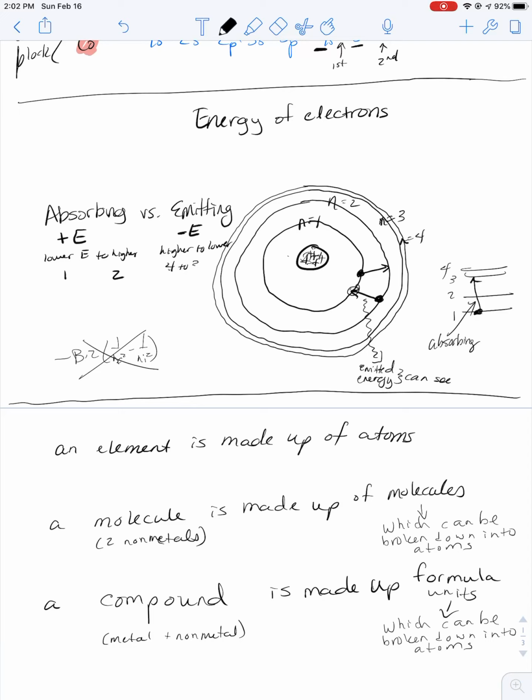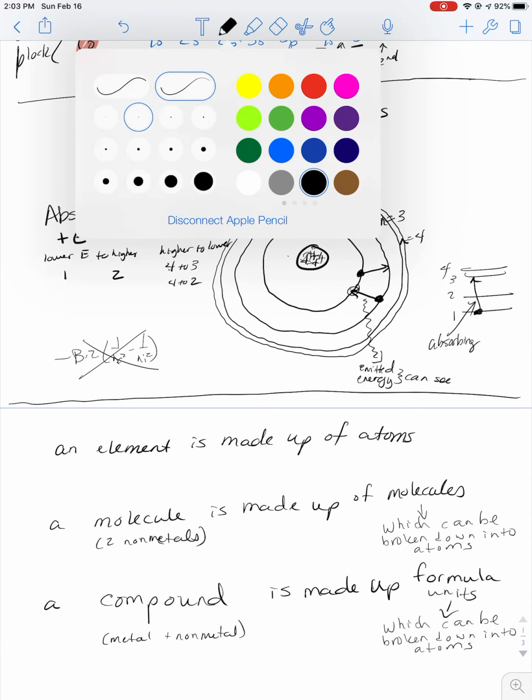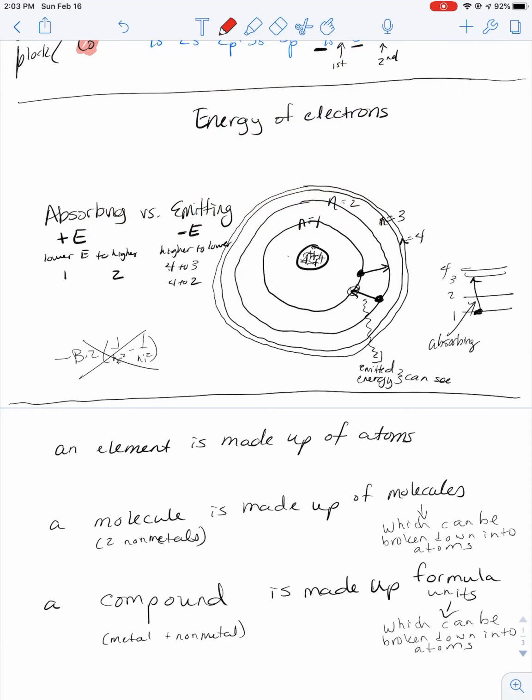And so that'd be like 4 to 3 or 4 to 2, something like that. And you want to notice that the spacing between these energy level changes, and we've mentioned this, so this is a larger amount of energy than like up here. That's a very small amount of energy, smaller. So it takes less energy to jump between those outer energy levels than it does to jump out of the inside energy level.